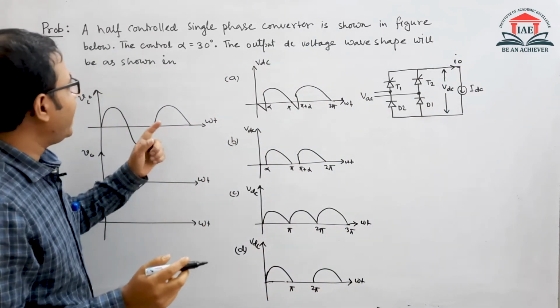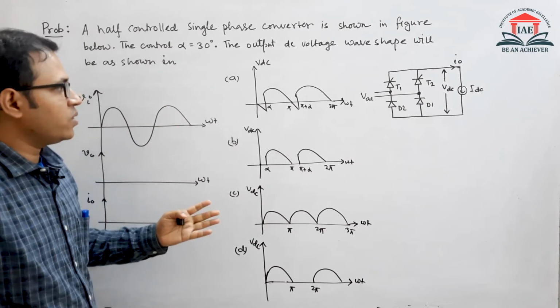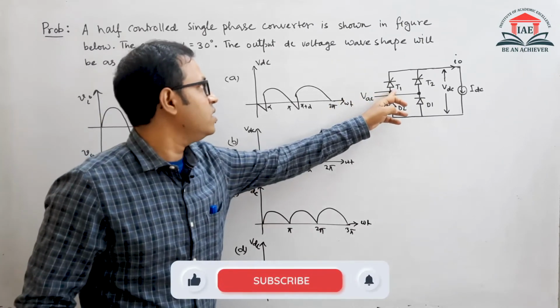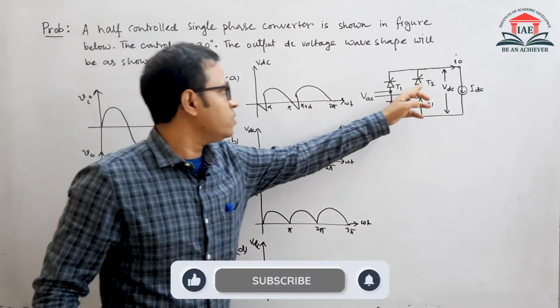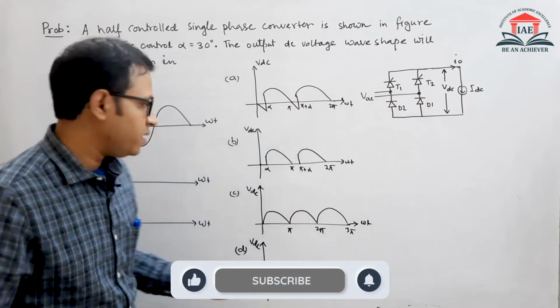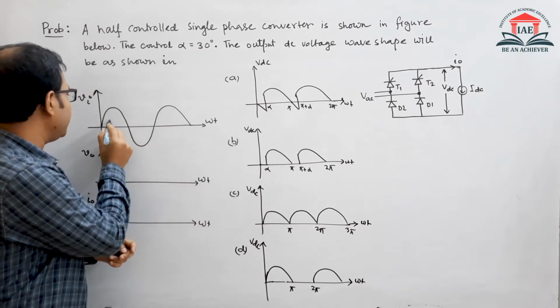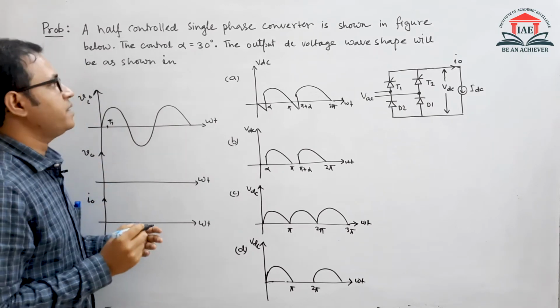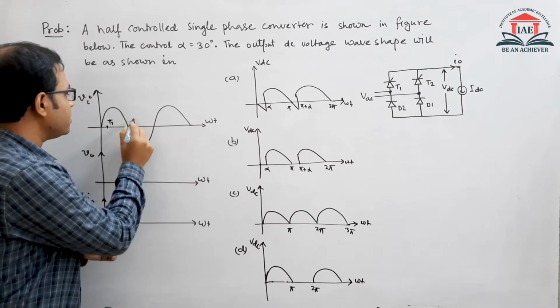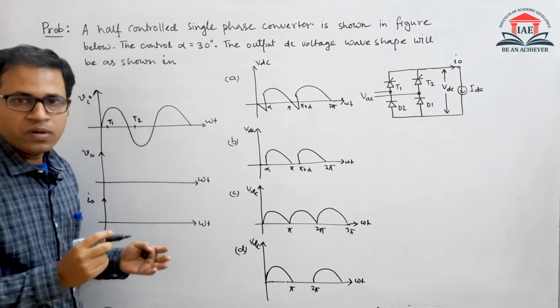The firing angle is given as 30 degrees. So T1 is triggered at 30 degrees and T2 is triggered at pi plus 30 degrees. Let us say this is our 30 degree point alpha, and here T1 is triggered, and T2 will be triggered at pi plus 30 degrees. So here it will be T2, right?